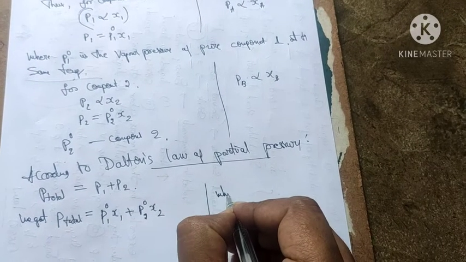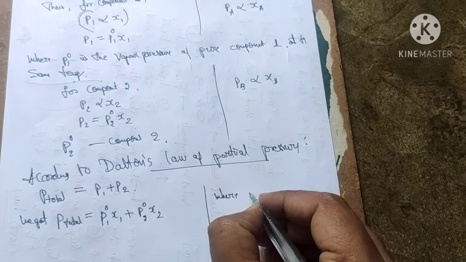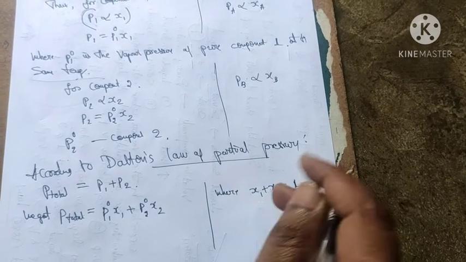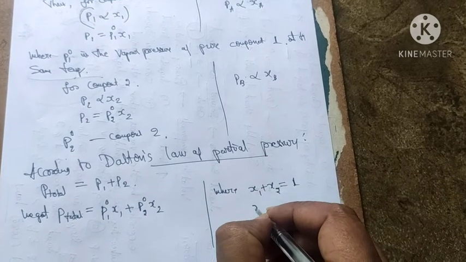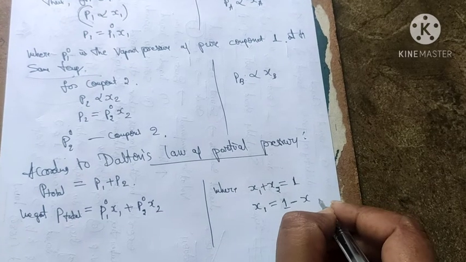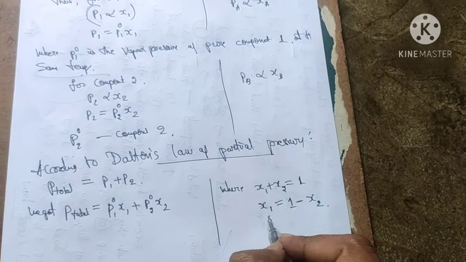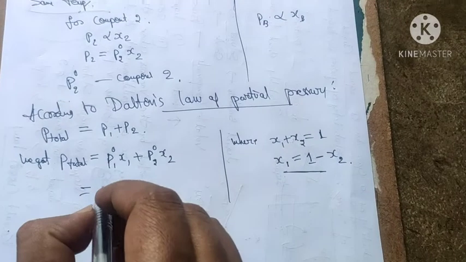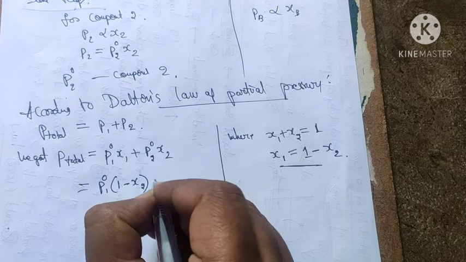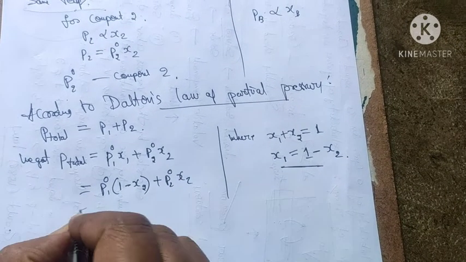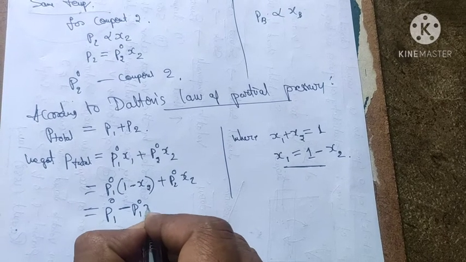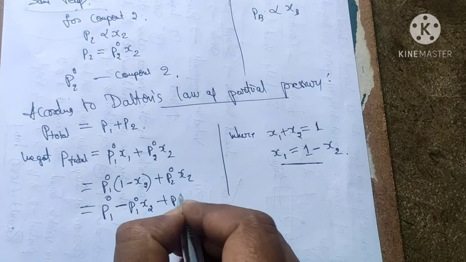You already know that the mole fractions of the components add up to unity. Here, with two components, x1 plus x2 equals 1. We want only x2, so x1 equals 1 minus x2. Substituting the x1 value, we get P1 naught times (1 minus x2) plus P2 naught x2, which is P1 naught minus P1 naught x2 plus P2 naught x2.